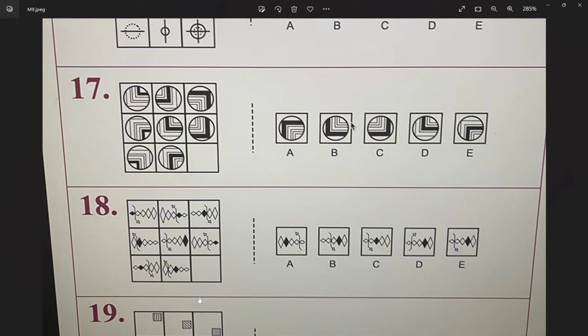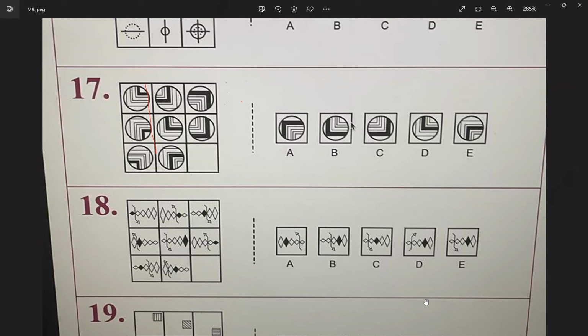So it flips first in this row. So first it flips down, and then it flips to the left side. So here it flips to this side, and then it flips down.